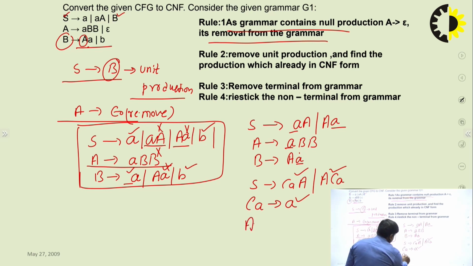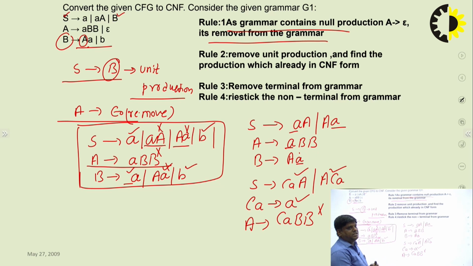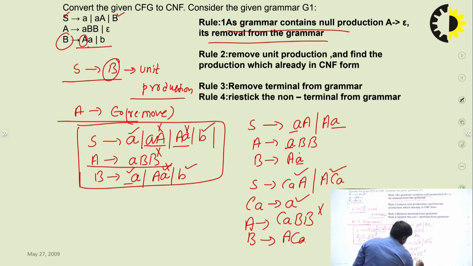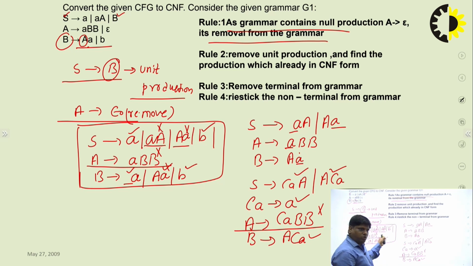Now A tends to CABB, and CA is already written, but this production is not in CNF form. For this, we go for rule 4, restrict the non-terminals on the right side. And for B, A tends to C, this production is also in CNF form. It means only one production is not in CNF form, all the other productions are in CNF form. We apply rule number 4 on this production and find the final answer.